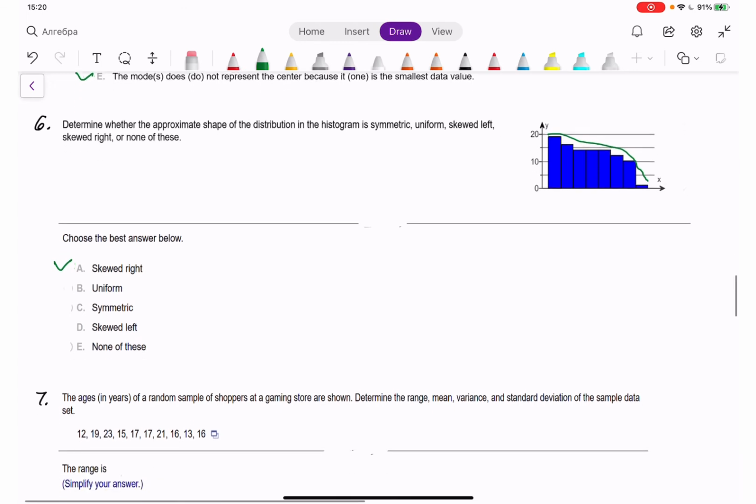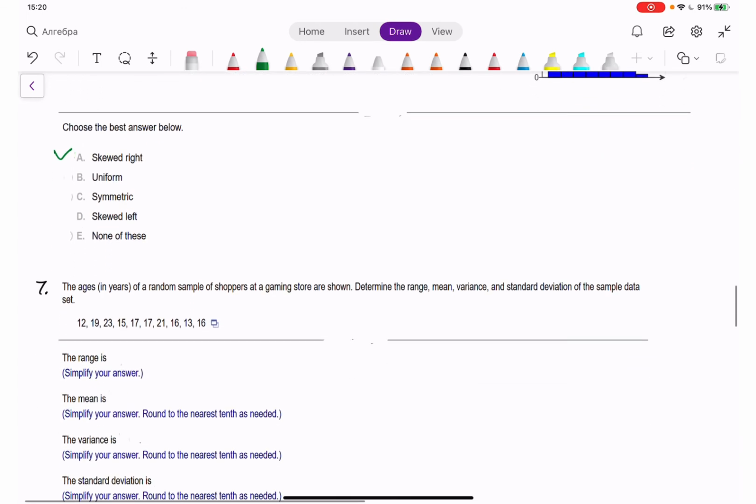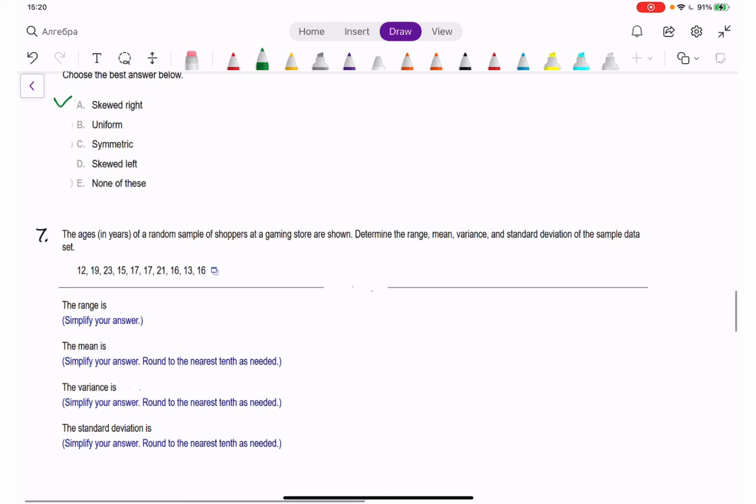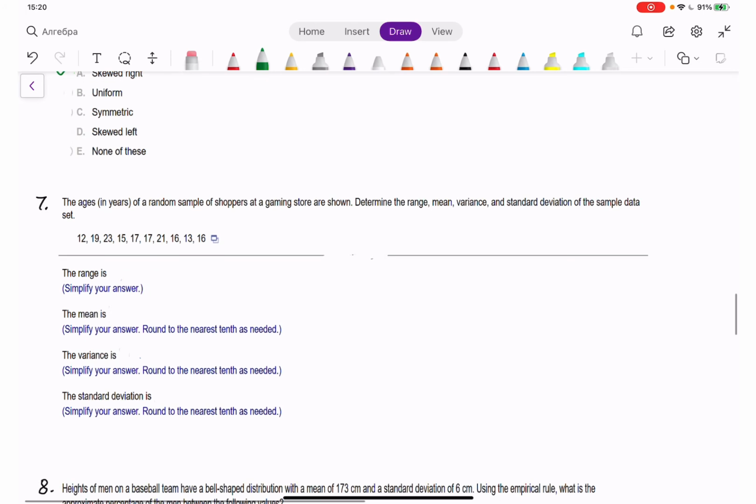Okay, the next one. The ages of a random sample of shoppers at a gaming store are shown. Determine the range, mean, variance, and standard deviation of the sample data set. To find the range, we have to get the maximum number. Which one is our max? The maximum number is going to be 23, right?